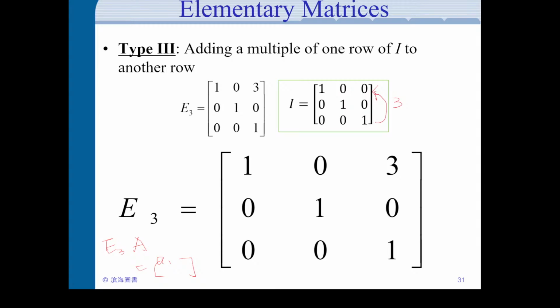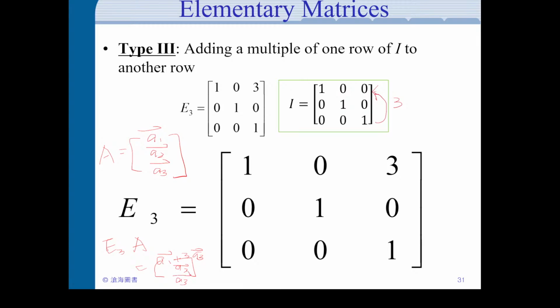So remember A equals A1, A2, and A3. And if you do the multiplication, you will get A1 plus 3A3, and A2 and A3.